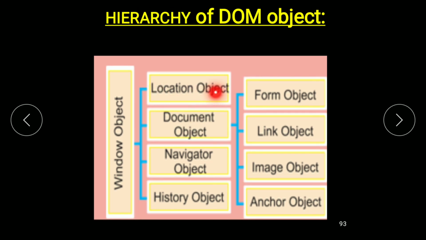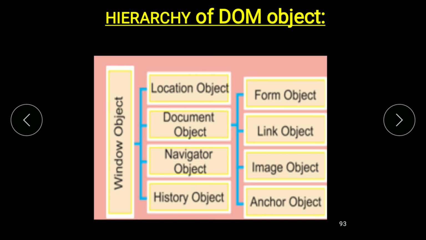The location object will provide you the window location. The navigator object provides information regarding the browsers, and the history object gives you the history related to the user's visits to your website.